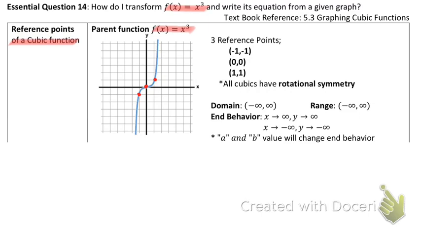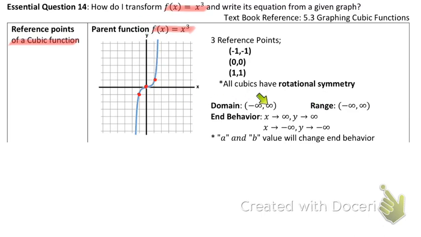All right, moving on. Some more specific information about cubics. Cubics have the domain of negative infinity to positive infinity, which means they go to the left forever and ever, and they go to the right forever and ever. They have a range of negative infinity to positive infinity, meaning they go down forever and up forever.